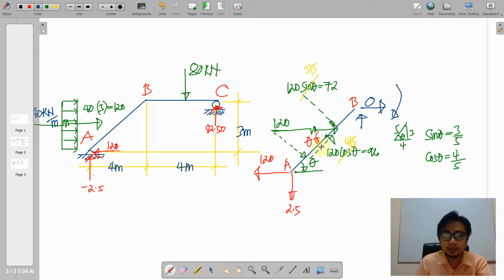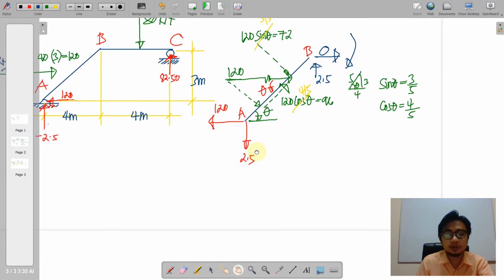As for the vertical reaction, first, again, it is pretty obvious that 2.5 here is going downwards, so there is no other vertical here. So therefore, this internal force here shall be a 2.5 going upward force.